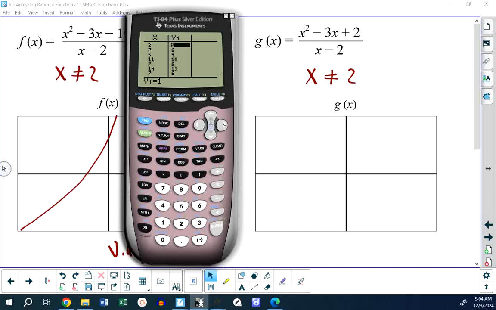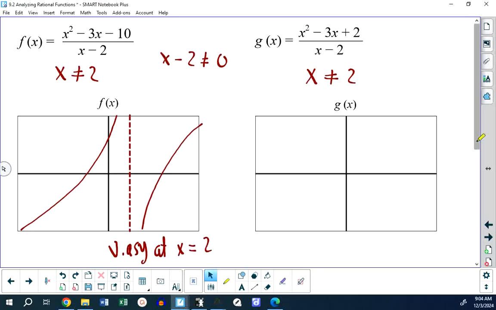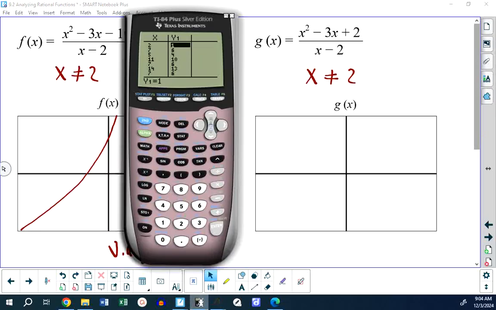If I cared enough, I would open up an Excel spreadsheet and type this function in, and we could look at as many decimals as we want, and it would not be 1. It would be 1.00000 something.